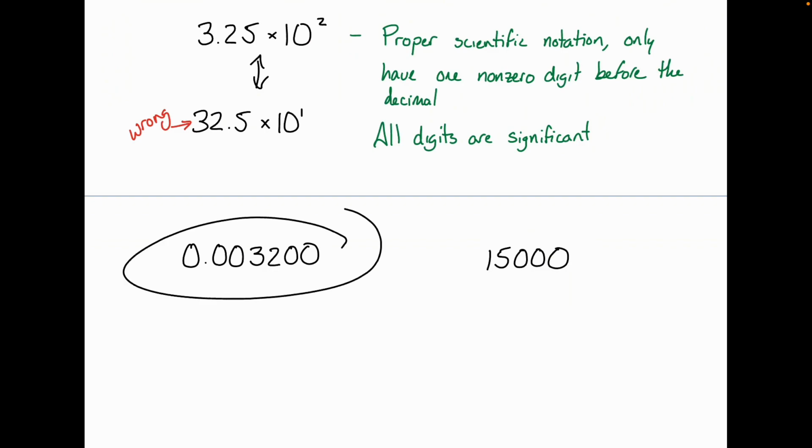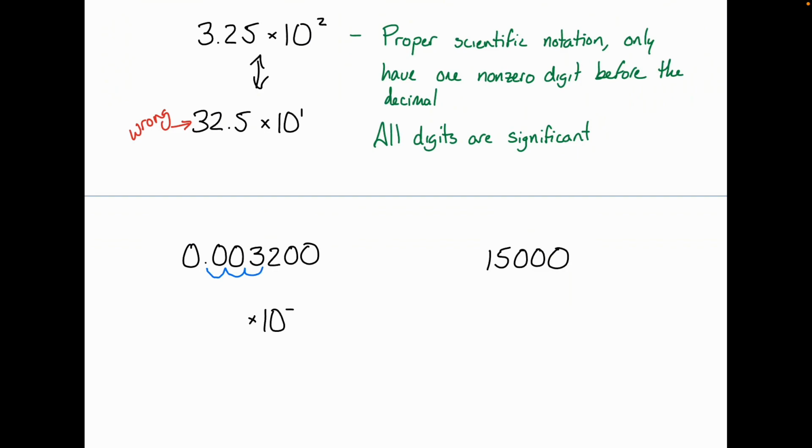This first one here, do I have a big number or a little number? A little number. So before I even get started, I know I'm going to have a negative exponent here. Something point something times 10 to the negative something, right? I know that just because I have a little number. Okay? So now I'm going to bounce my decimal point to get it in the proper position. 1, 2, 3. So that's 10 to the negative 3. So 3.2 times 10 to the negative 3.